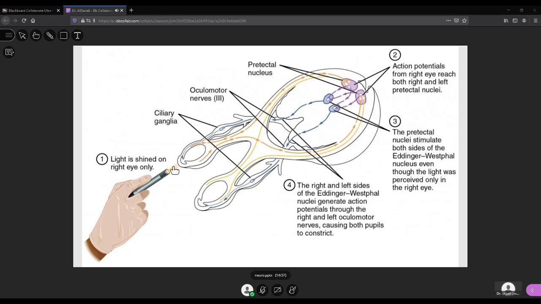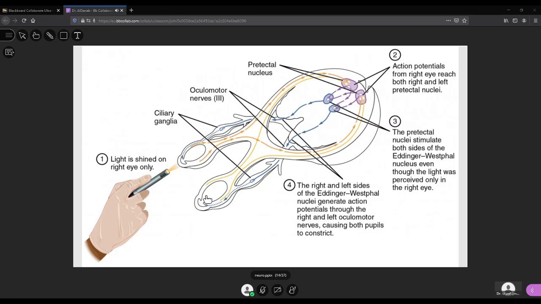Then lastly, the right and left Edinger-Westphal nuclei generate action potentials through the right and left oculomotor nerves. That's why both pupils are constricted.